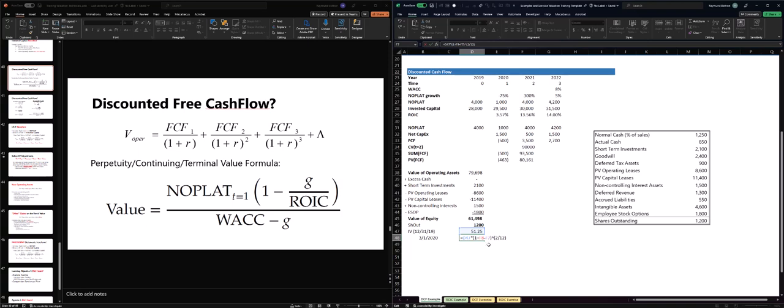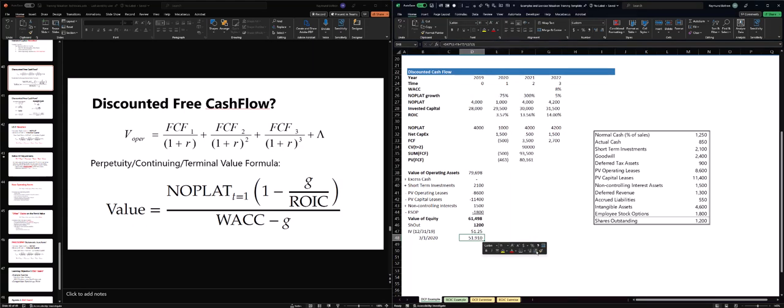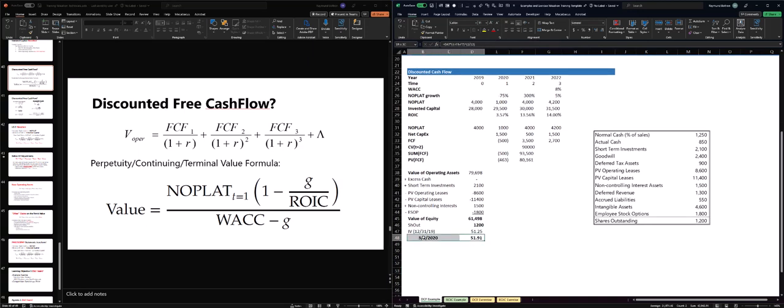So you only raise it to the power of 2 divided by 12 because there are 12 months in a year. And so this is our intrinsic value. All right, perfect. That's the first example, and congratulations for getting the intrinsic value as of today.